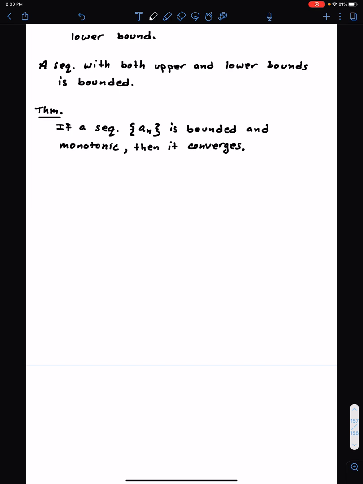Prove that the sequence is increasing. Prove that the sequence a sub n is 2n minus 3 divided by 3n plus 4, where n goes from 1 to infinity, is increasing.